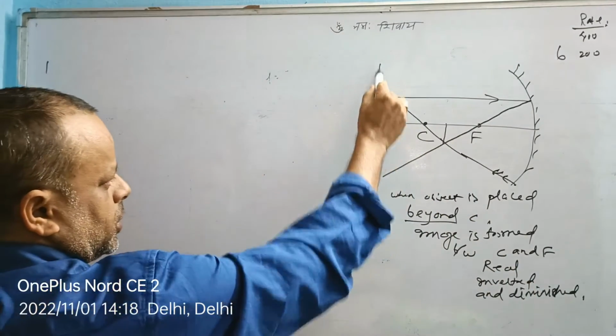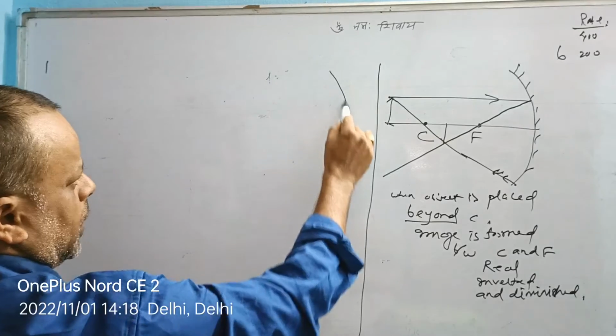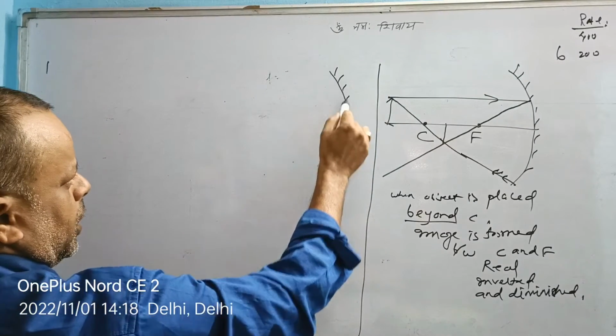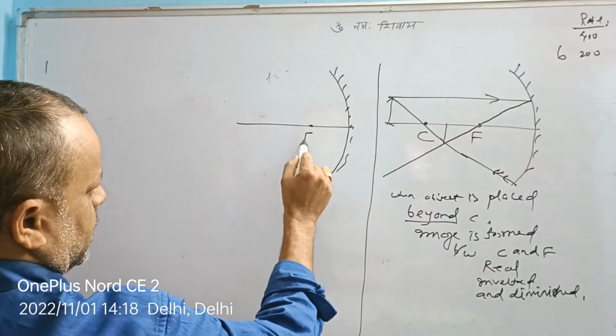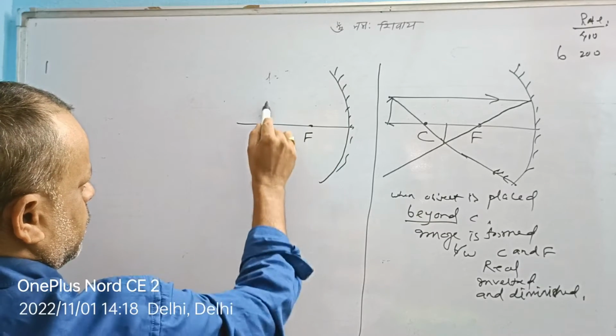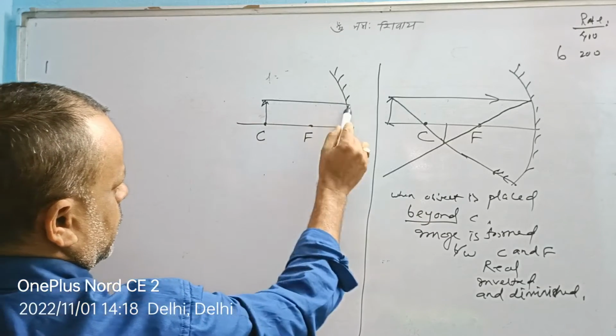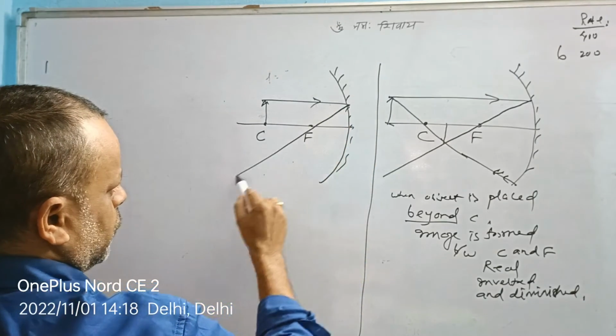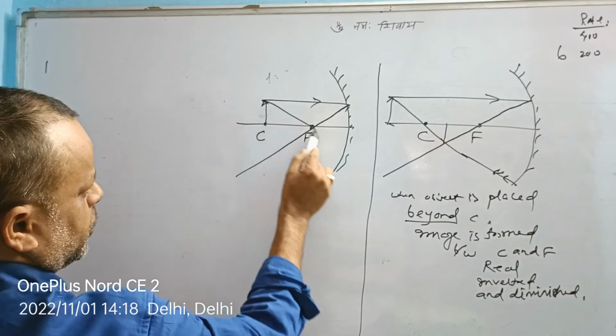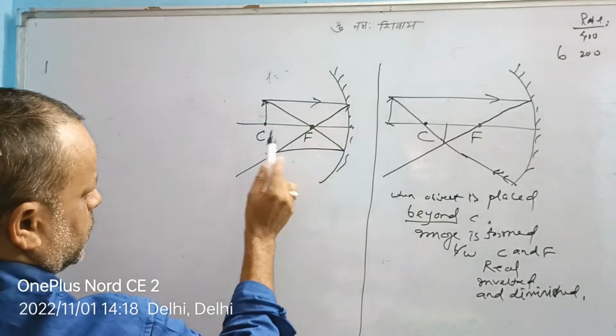Then suppose the object is placed at the center of curvature. When the ray is drawn parallel to the principal axis, it passes through the focus and comes to this point.